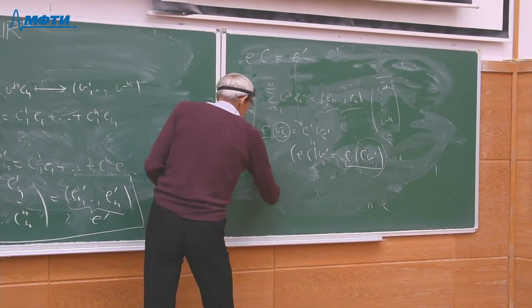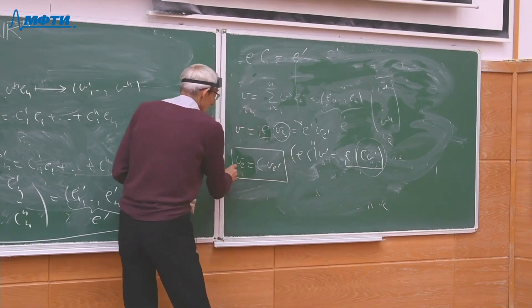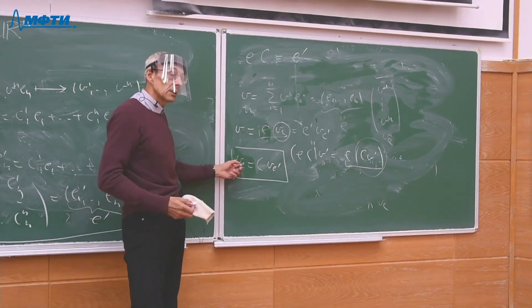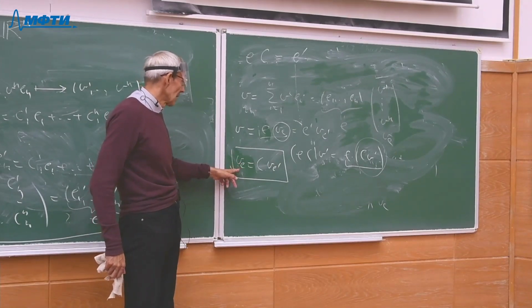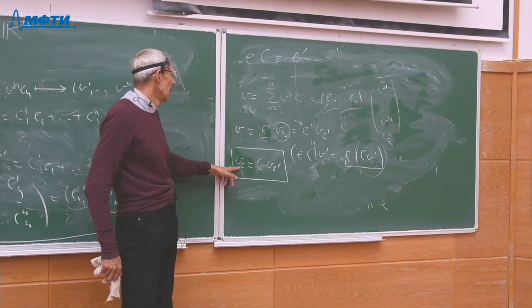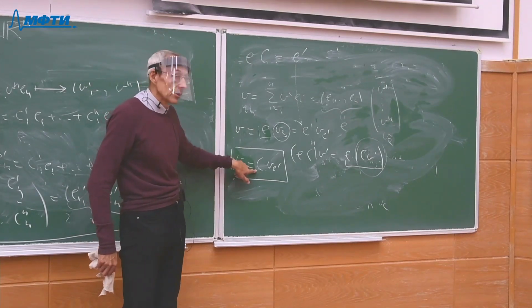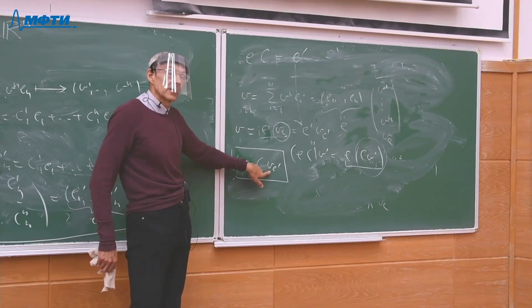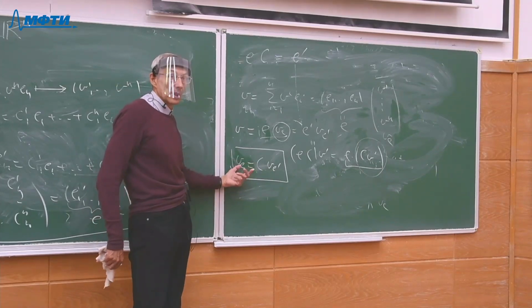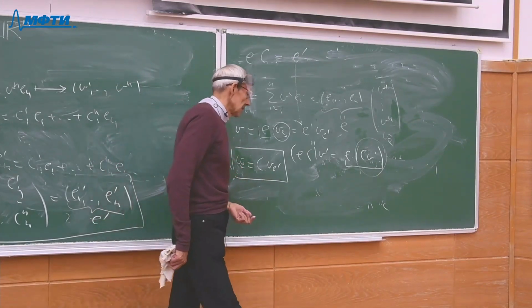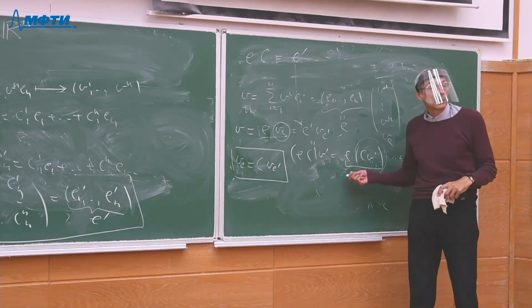We obtain the following formula. This formula gives us the expression for the coordinates of the vector in the old basis in terms of the coordinates in the new basis. The transition formula from the coordinates of the vector in the new basis to the coordinates in the old basis.